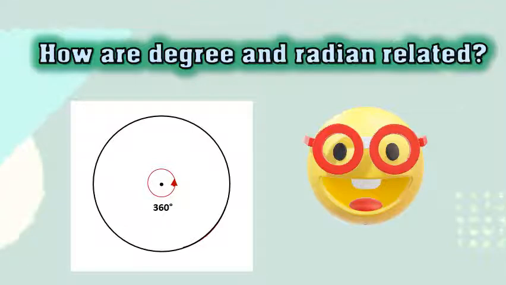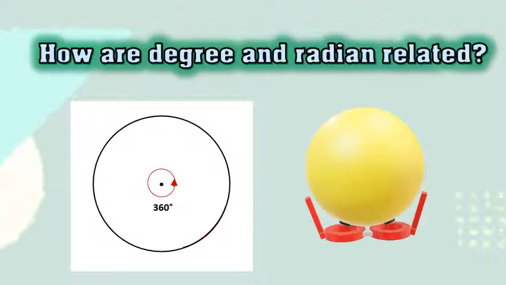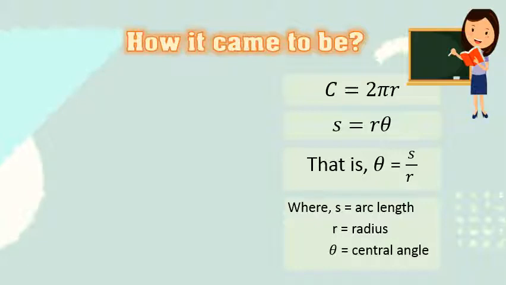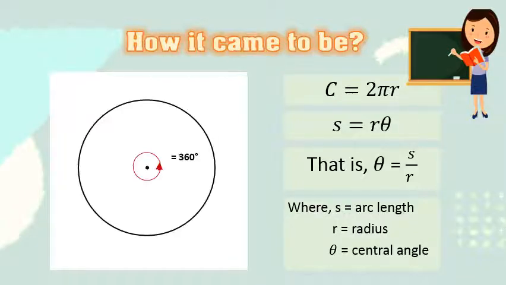So how do we convert this? Let us determine how the conversion factor came to be. Knowing that the circumference of a circle is equal to 2 pi r, and we already know the length of the arc as s equals r theta, to find theta we have to derive.